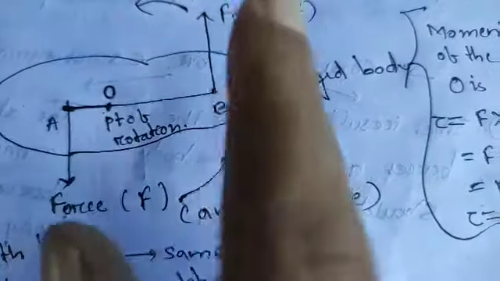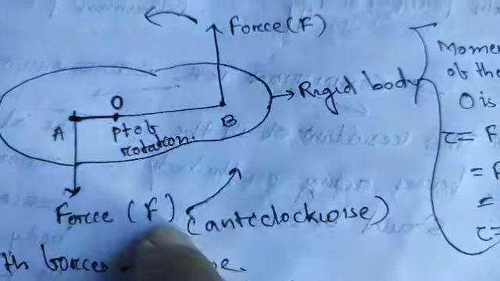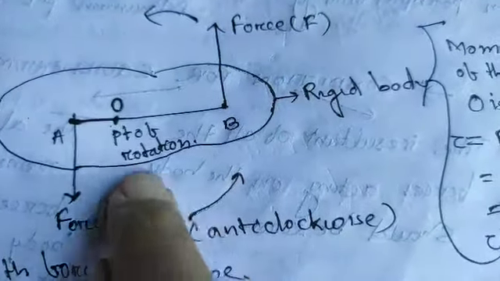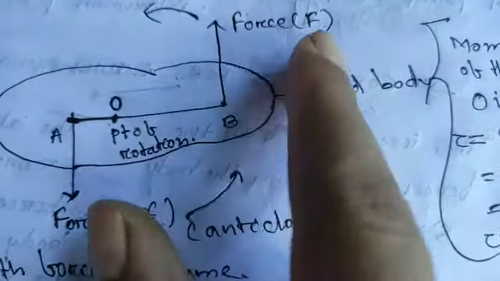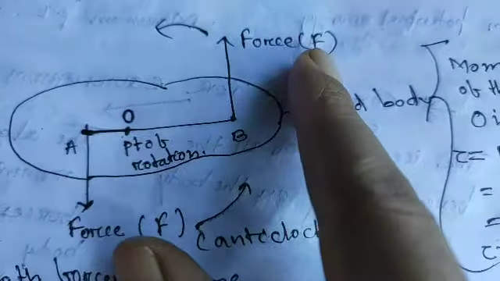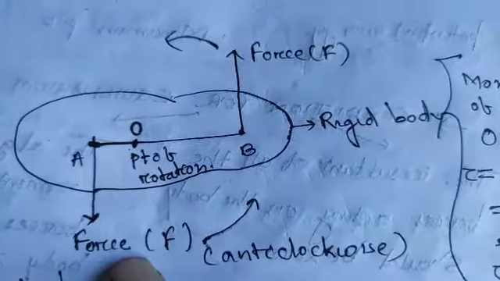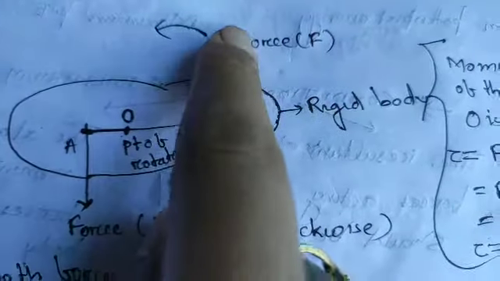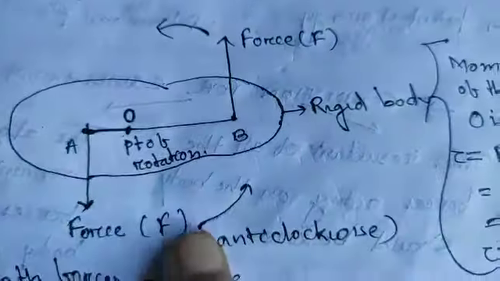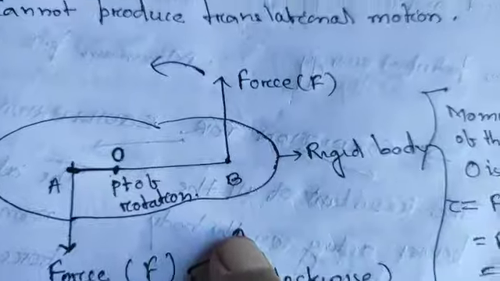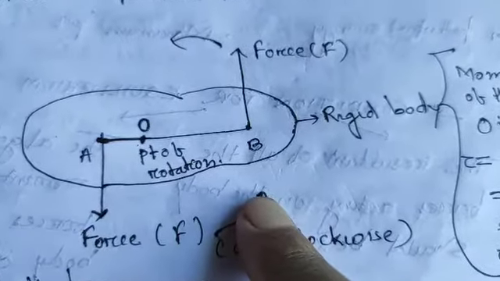This is one force and this is another force. Are you seeing something? This I have written as force F, and this I have also written as force F. Means the magnitude of the two forces remains the same. But can you see the direction? This force is moving this side and this is moving this side. So the directions of the forces are different.